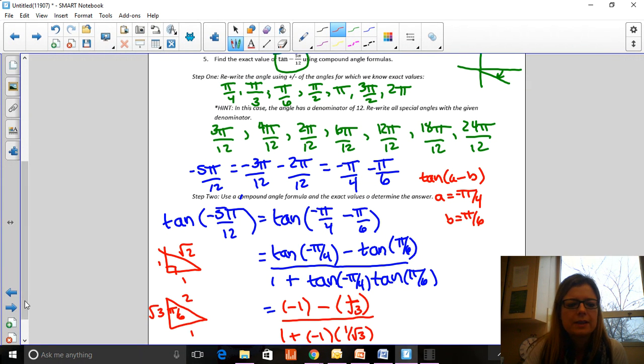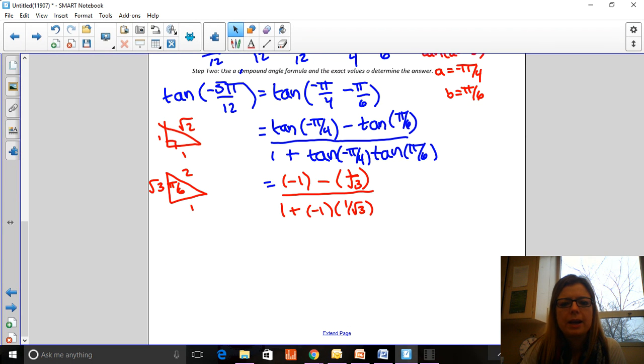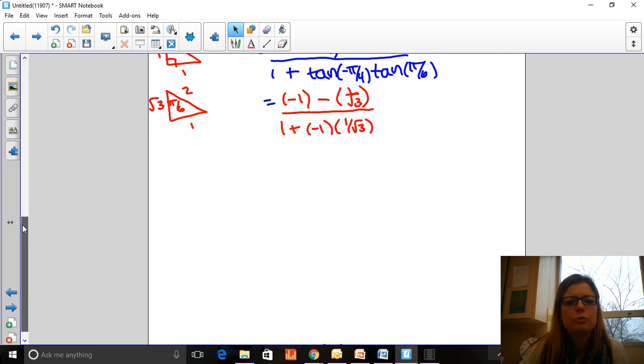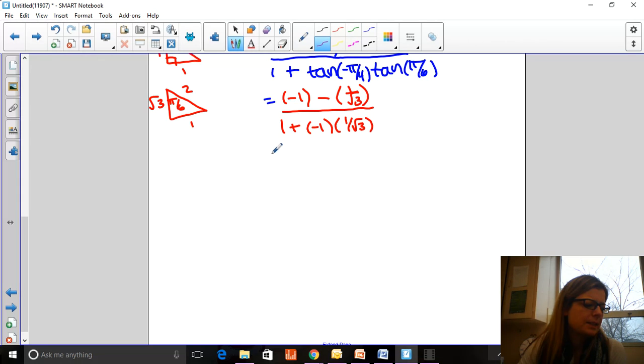Okay, so this is like the most basic answer here, but we want to actually put this into lowest terms. If you answer like this, that is correct, but the back of the book probably won't look like this. It's going to have simplified this further. So I'm going to show you guys how to do that. So this can simplify, you get a common denominator on the top and the common denominator on the bottom.